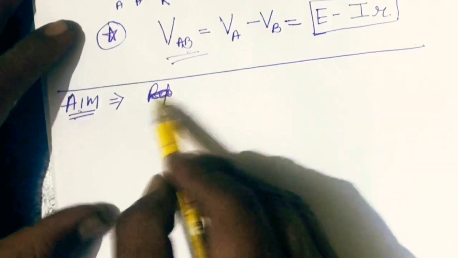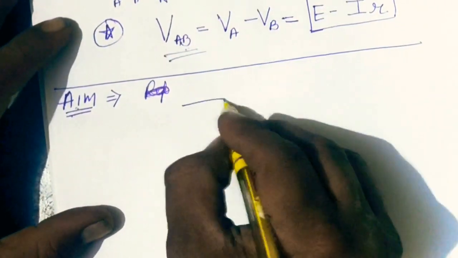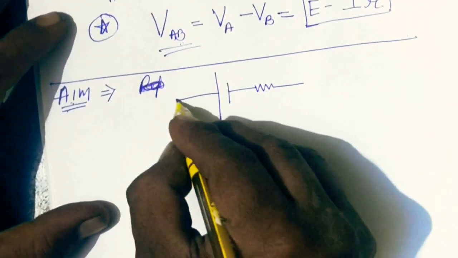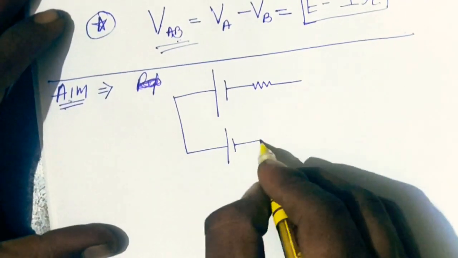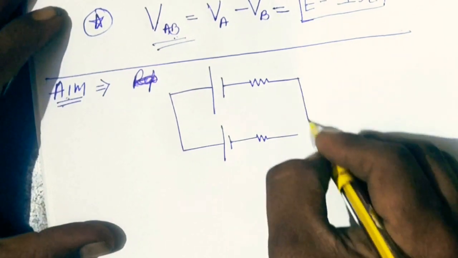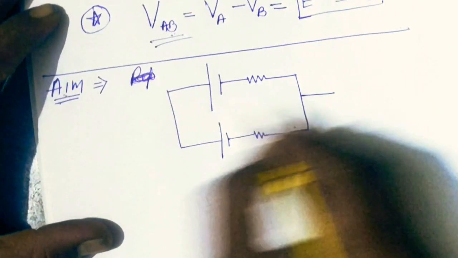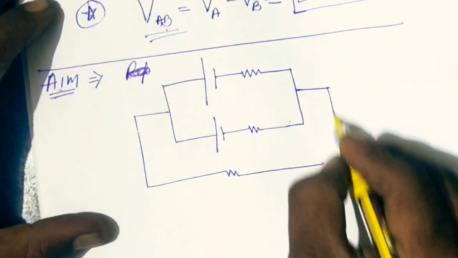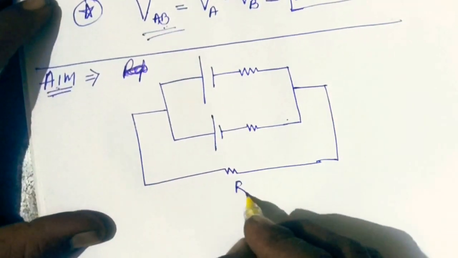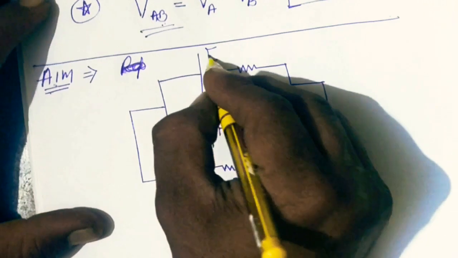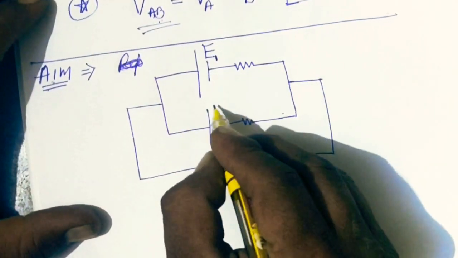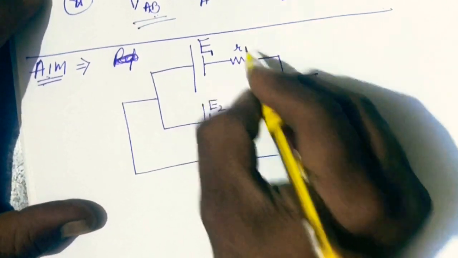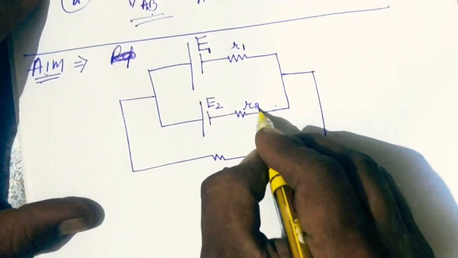Suppose we have two cells which are connected in parallel to an external resistor, let's say capital R. The value of EMF of this cell is E1, the value of EMF of this cell is E2, the internal resistances are small r1, small r2.